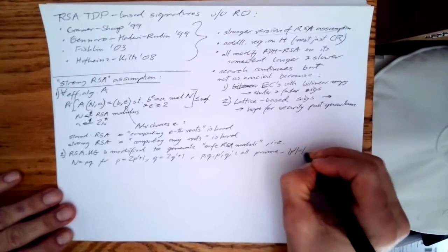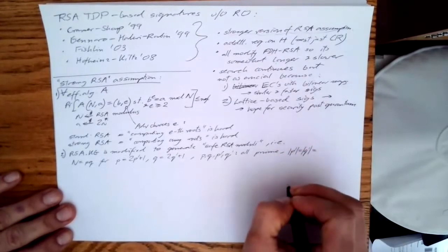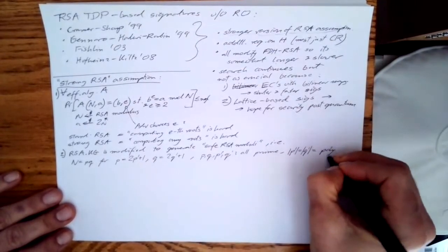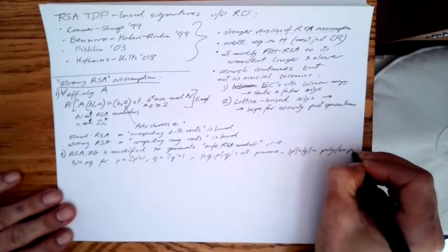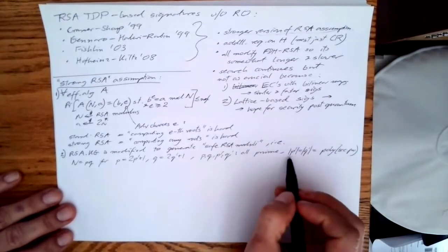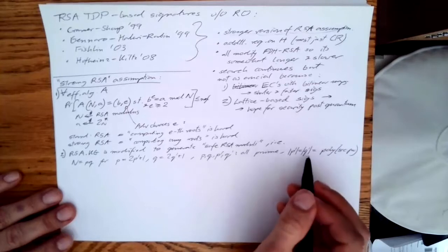P prime, Q prime are of the same length, and therefore P and Q are of the same length, and this is polynomial in the security parameter. For example, 2048 or so bits.